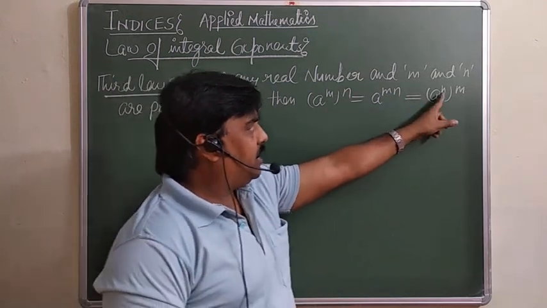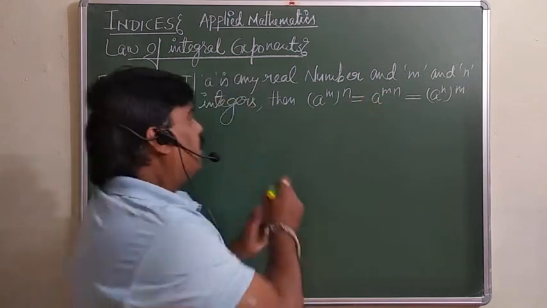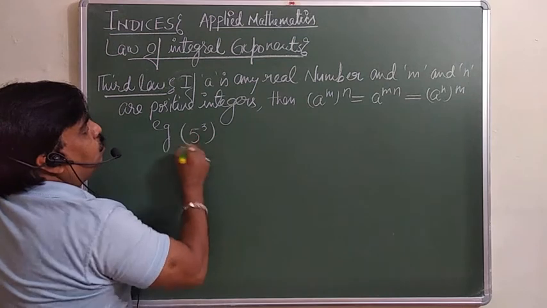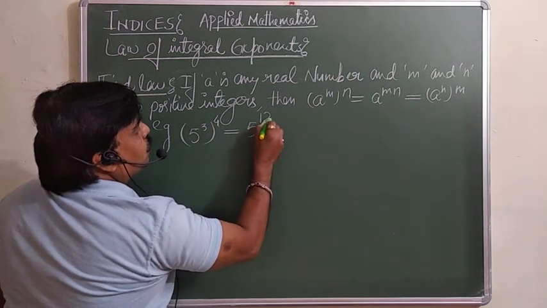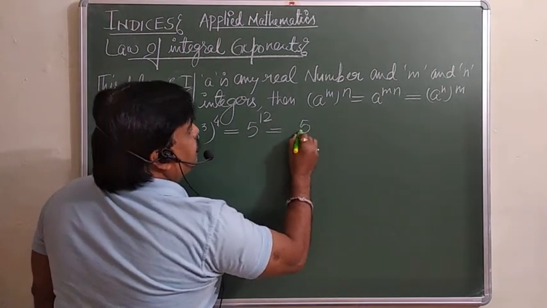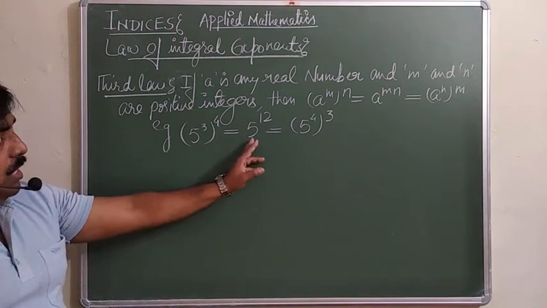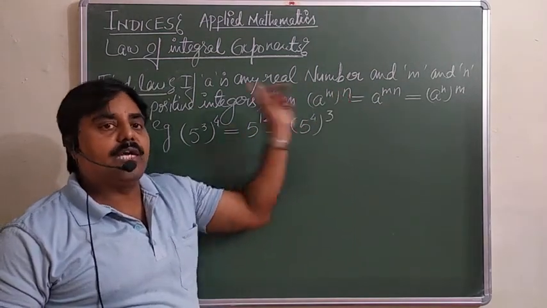Or it can be written as a raised to power n whole raised to power m, which is also equal to a raised to power m into n. For instance, 5 raised to power 3 whole raised to power 4: we multiply 3 and 4, which is 12. Or if it is 5 raised to power 4 whole raised to power 3, then again it is equal to the same. So if a raised to power m whole raised to power n, you have to do the product of the exponents.